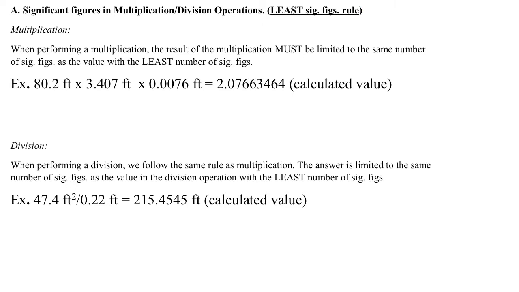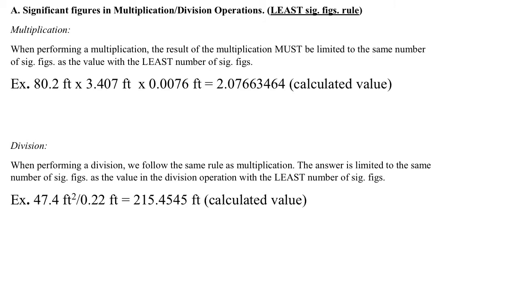What I mean by that is when we're performing a multiplication or division, we look at each term that we're multiplying or dividing with the other terms, and we assess how many significant figures are there in each of those terms. So, for example, we have a calculation here where we have 3 different terms being multiplied together.